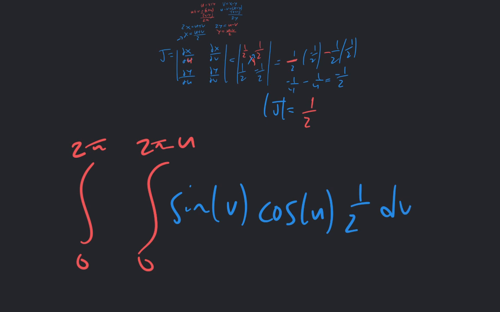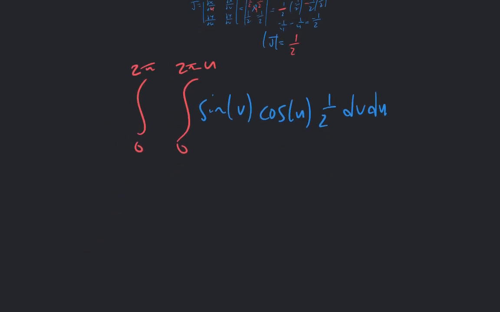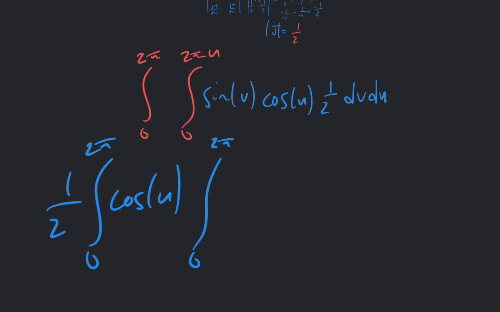In this term, it's dv du, because we're integrating with respect to v first. So we can then rewrite everything. 1/2, remember our Jacobian is our scaling factor, so 1/2 integral 0 to 2 pi of cosine of u, integral 0 to 2 pi minus u, sine of v dv du.